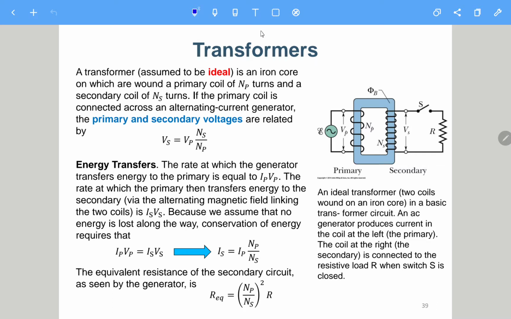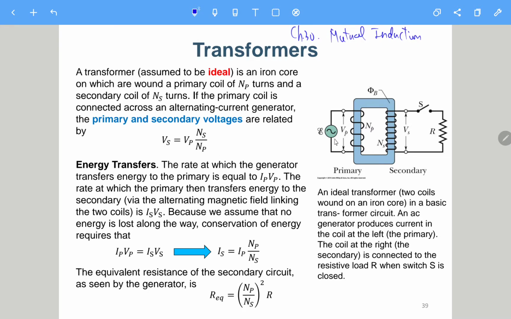So in that case, it is what we have learned in chapter 30 about the mutual induction, which is also the last part of that chapter. So here we have this expression.